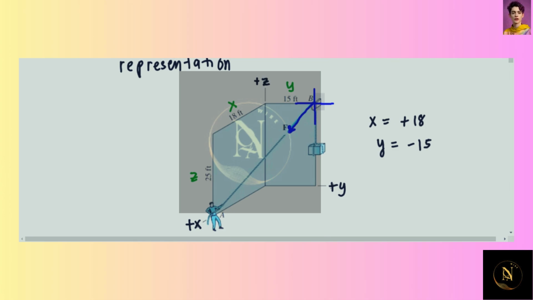Since we are translating the axis here, positive Z, positive Y, and then this is negative Y, you see that your force F is in the negative Y direction. And finally, for your Z, that's also negative 25. It's negative again because your vector F is in the negative Z direction.